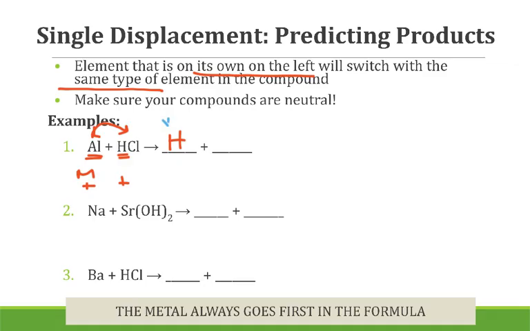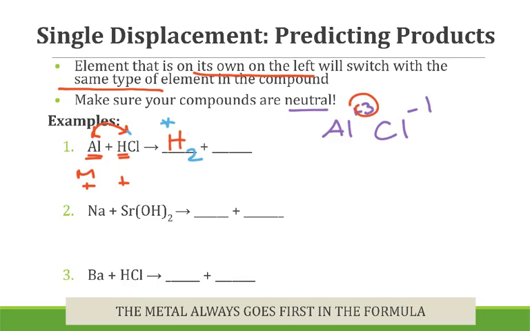We have to remember when we're switching things out, if we have one of those diatomics by itself, we need that H2. And then now that aluminum is going to pair with the chlorine, we have to make sure that that is a neutral compound. So now I know my aluminum and my chlorine are going to go together, so I'm going to need to look at my charges. Aluminum has a +3, chlorine has a -1.